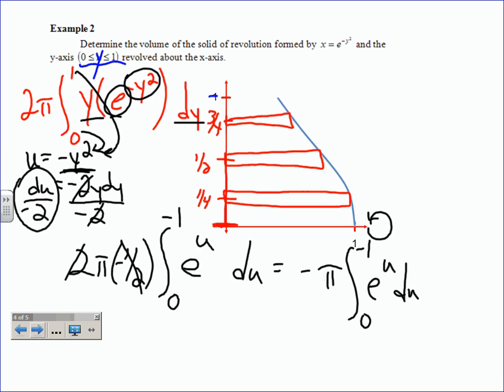What is e to the u's antiderivative again? E to the u. Okay, so we basically have negative pi times e to the u, and u is, let's leave it as u, because you wanted to do it that way, from 0 to negative 1. So why didn't I put y back in? We chose not to; we chose to use the values of u.